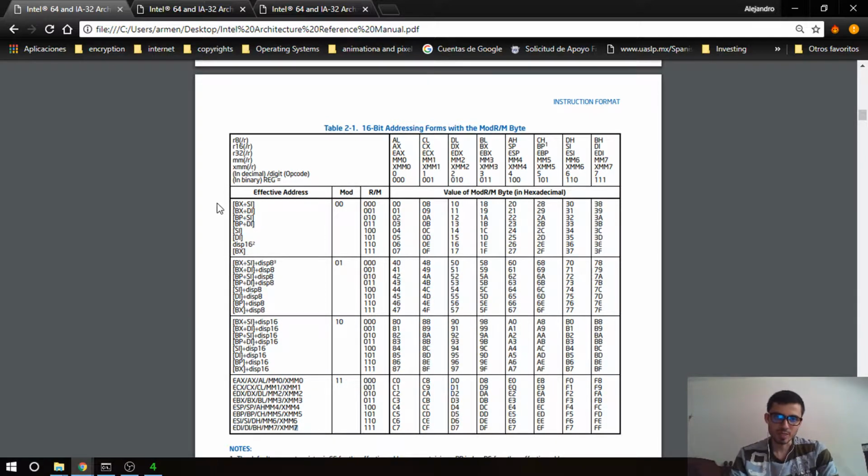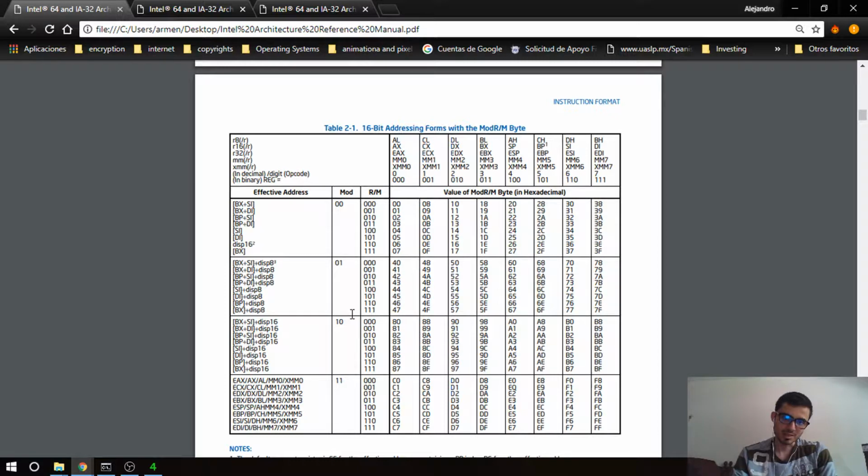So these are the basic results, with effective addresses, as they call them. And for the encoding, you have 2 bits for the mod, 3 bits for the RM, and 3 bits for the reg, as we can see here. So basically the mod and RM encode the first operand, and the reg encodes the second operand.